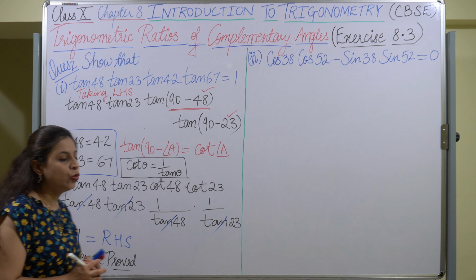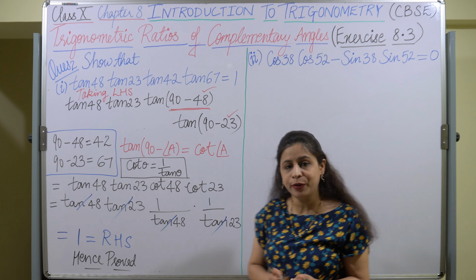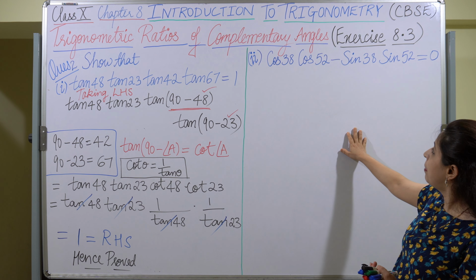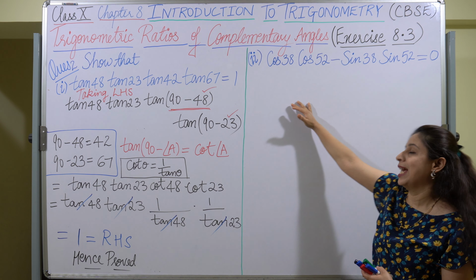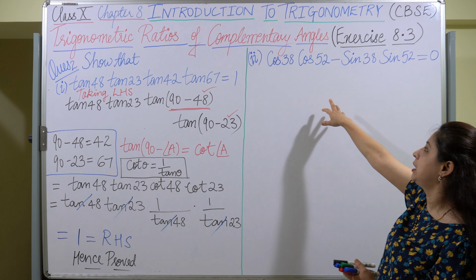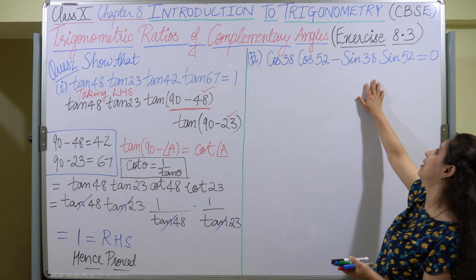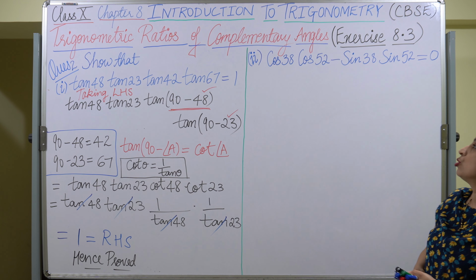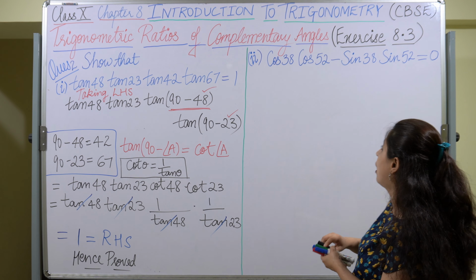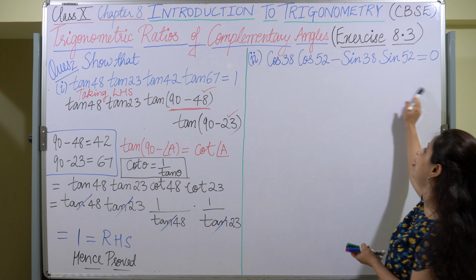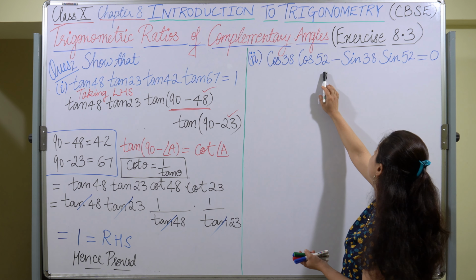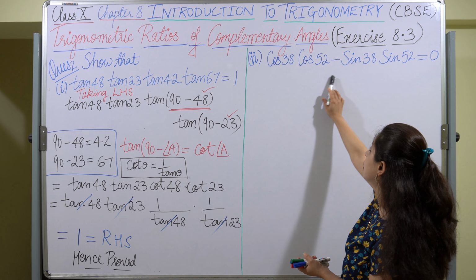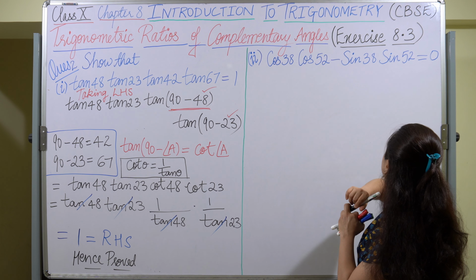Let us move on to the second part of question number 2. In the second part also we need to prove it. LHS is given to us: cos 38 cos 52 minus sin 38 sin 52 equal to 0. We will replace again. You can replace either 52 or 38. I will replace 52 here.